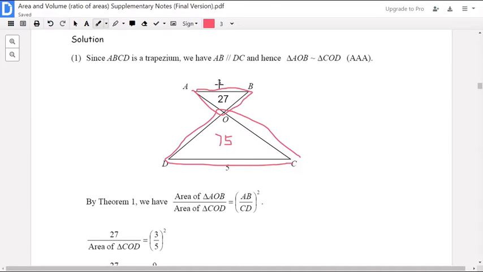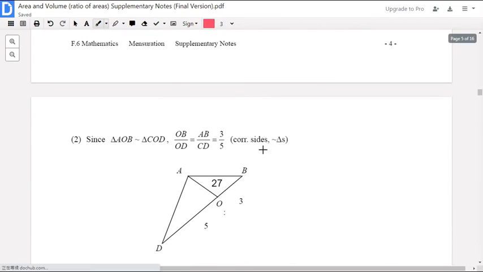If the ratio from here to here is 3 to 5, then the ratio for here to here, OB and OD, must be 3 to 5 also. The lengths may not be exactly 3 cm and 5 cm, but the ratio must be 3 to 5. Now, go to this figure.